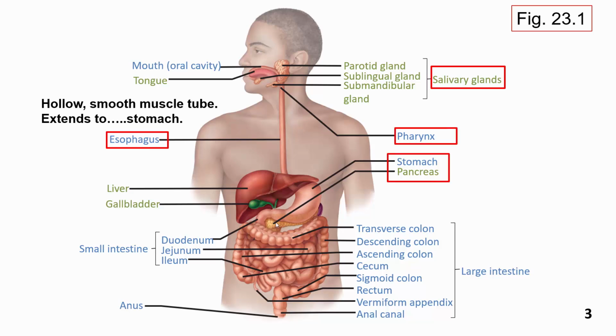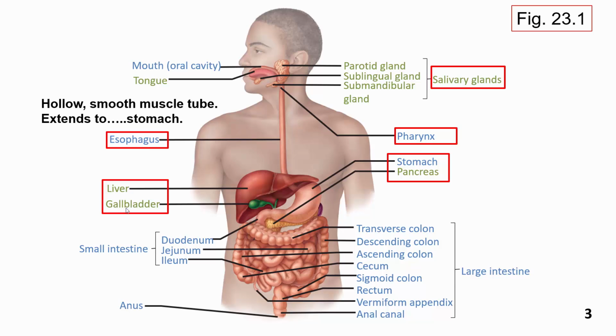And what you see just inferior to the stomach and this initial portion of the small intestine is the pancreas. And the pancreas, in a similar way as the salivary glands, will secrete enzymes to assist with the chemical digestion of that food.